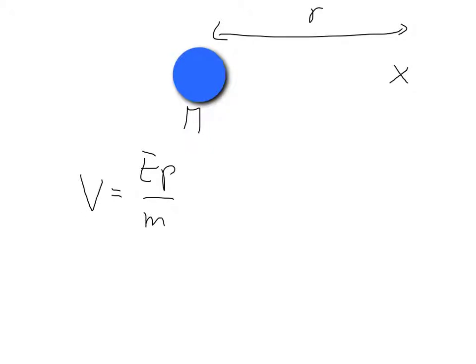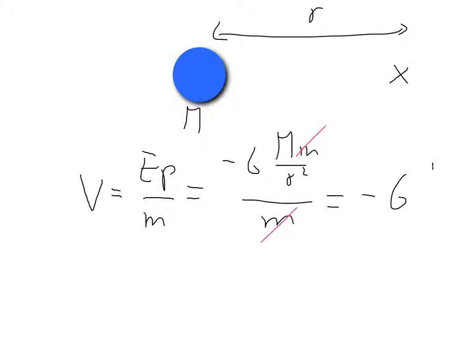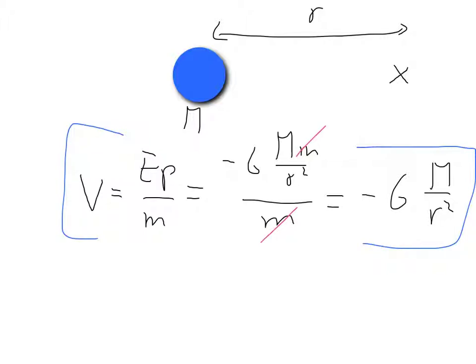Okay? So remember that was minus G M m over R squared, and then divided by m. These two m's go, and therefore the gravitational potential is minus G M divided by R, which looks exactly like the electric potential that we defined some weeks ago, just changing the constants.